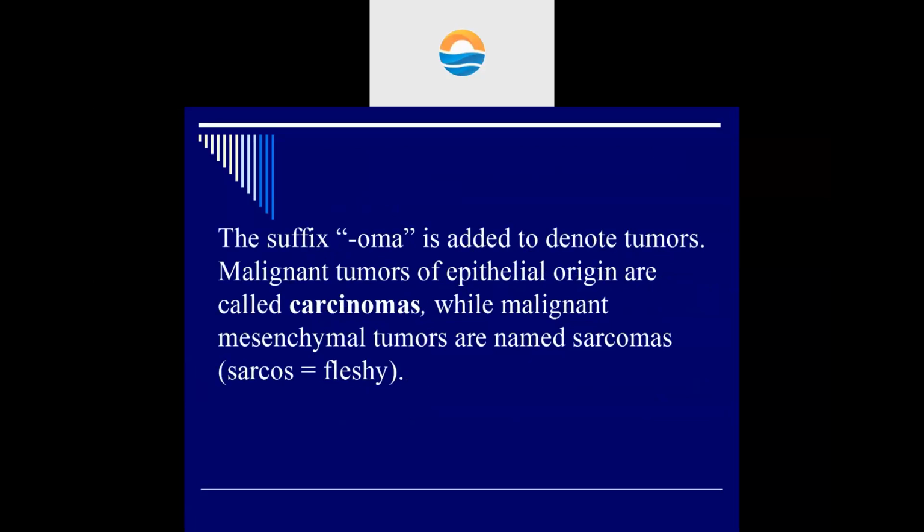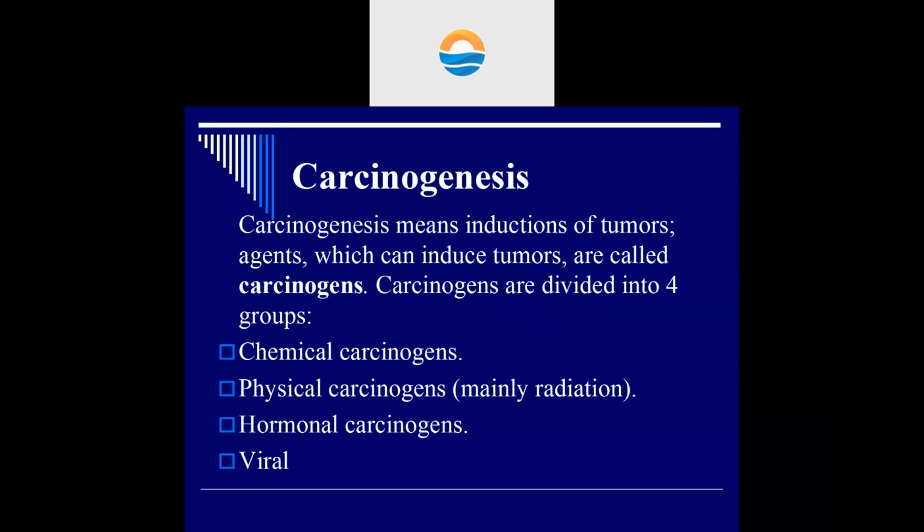The suffix "oma" is added to denote tumors. Malignant tumors of epithelial origin are called carcinomas, while malignant mesenchymal tumors are named sarcomas. Sarcos means fleshy.